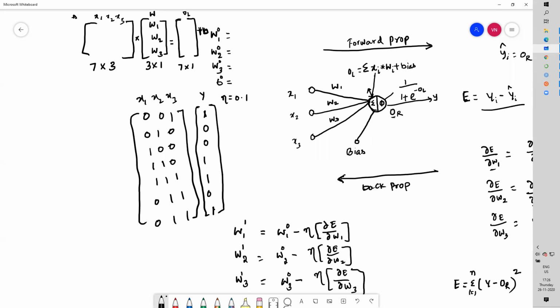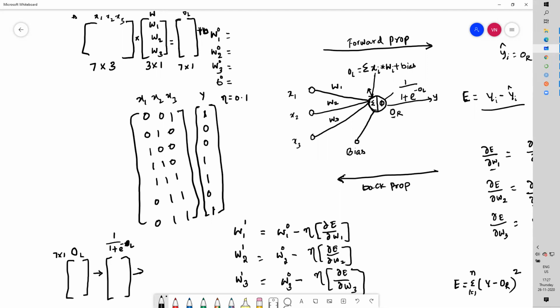Okay. Now we are going to give OL to the activation function. What is OL? OL is going to be a matrix of 7 by 1. So what is the activation function? Activation function is sigmoid. So that is going to be 1 by 1 plus e to the power of minus x, e to the power of minus OL.